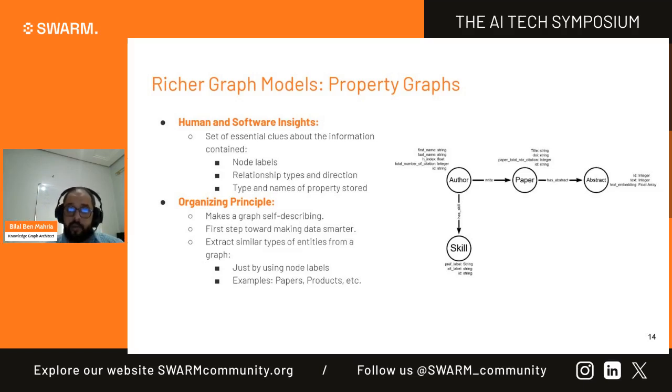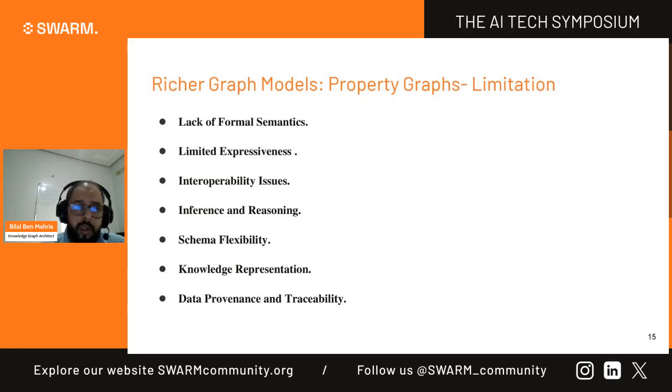But even with this knowledge, property graphs can also have a lot of problems. And in fact, the limitations of property graphs are, from my point of view, features, not limitations. For example, property graphs don't have a formal semantics, which means they lack a standardized way to interpret the meaning of the node.